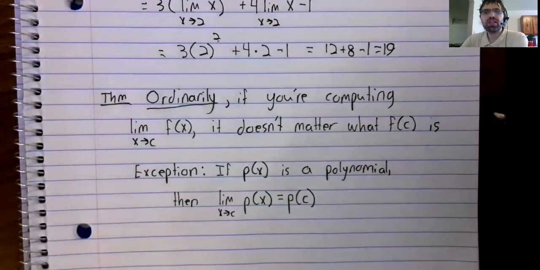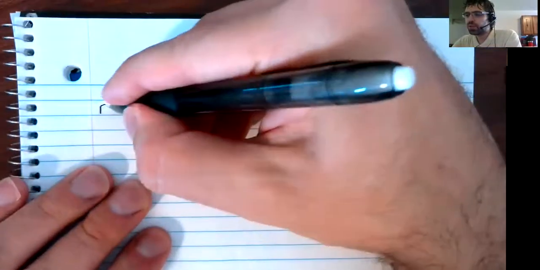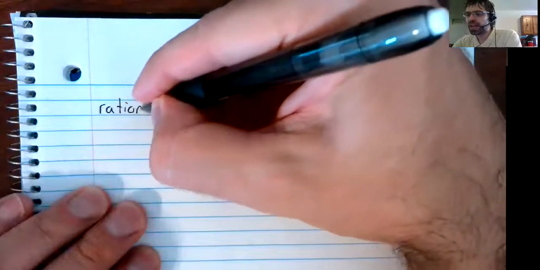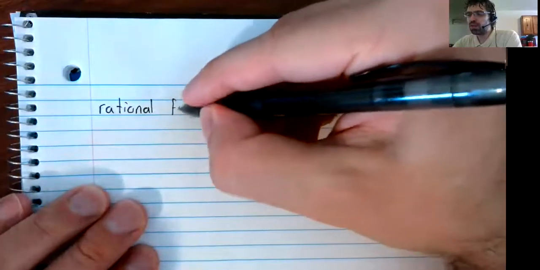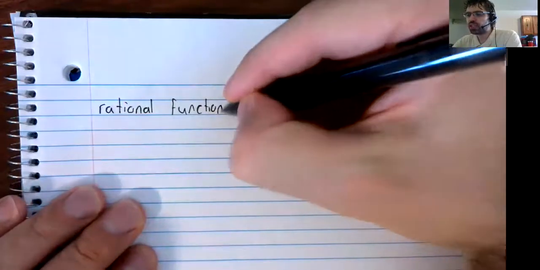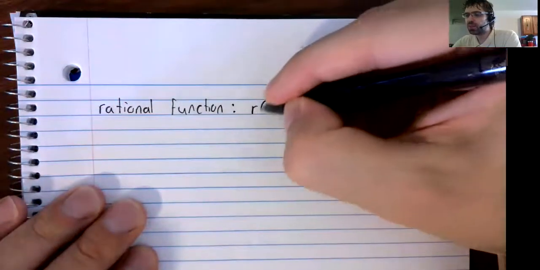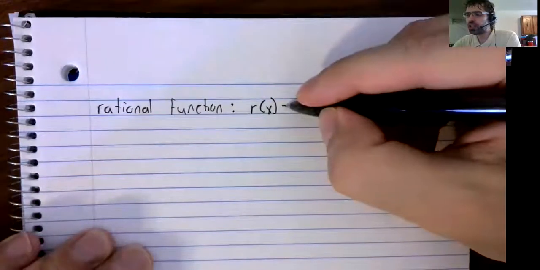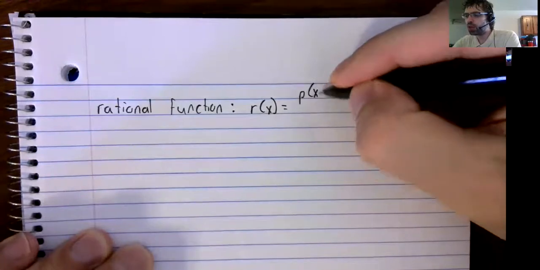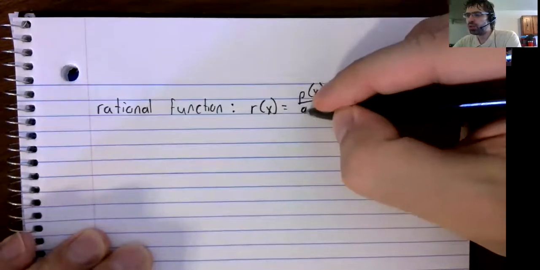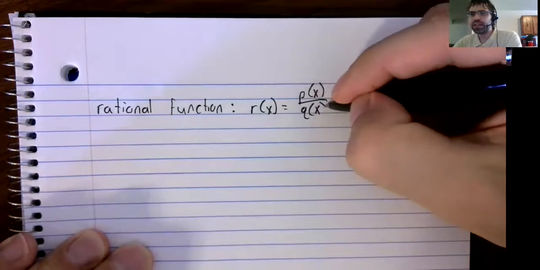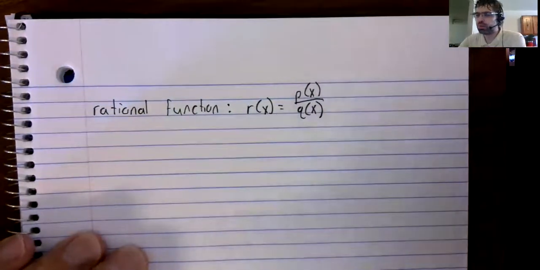And we have something very similar to this for a second class of functions. Remember what a rational function is. A rational function is one polynomial divided by another.